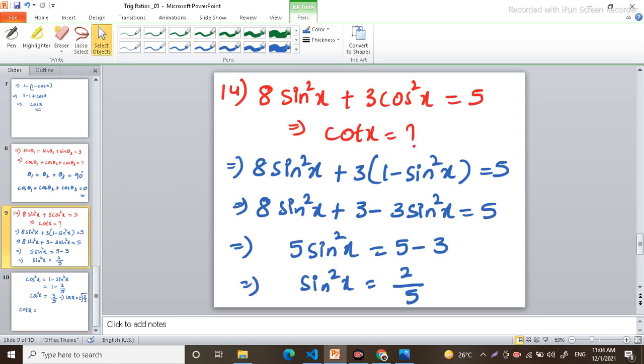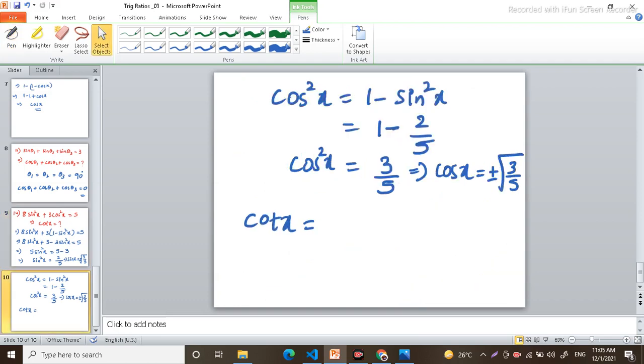In the same way, here sin x is equal to how much? Sin x is equal to square root of 2 by 5. Okay, so I'll substitute here the values. First will come cos x, plus or minus, then divided by sin x, right?